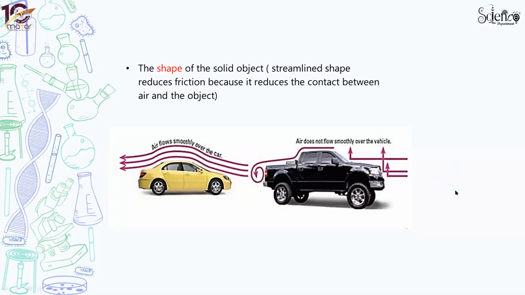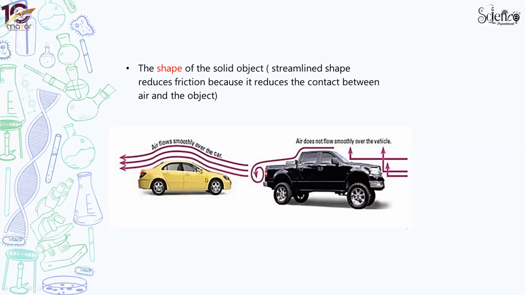Okay, bravo. Not the area smooth, the shape is streamlined. Since it's a streamlined shape, the air flows smoothly, okay? So it's easier to move. Okay, Faisal? Okay, thank you.